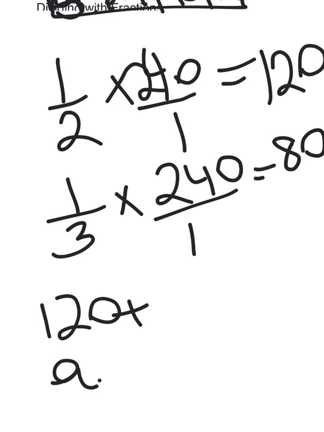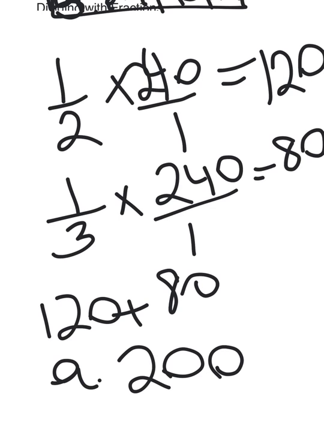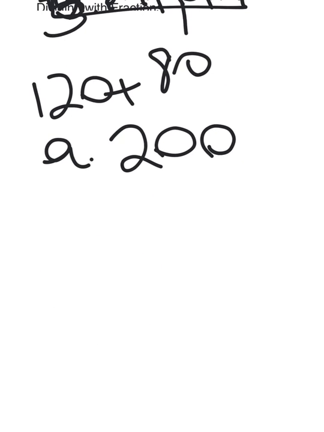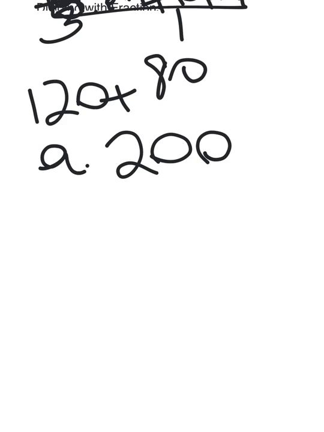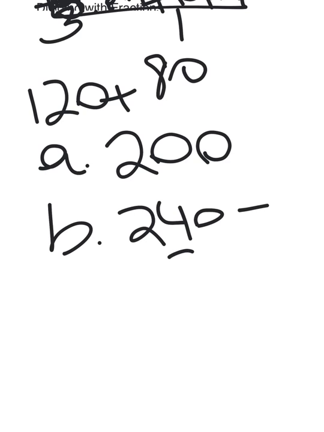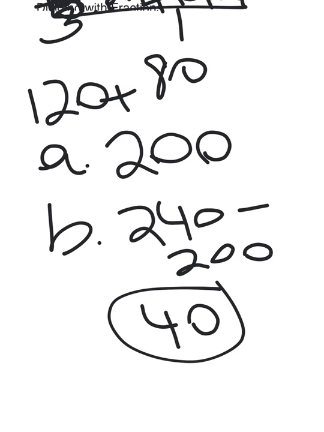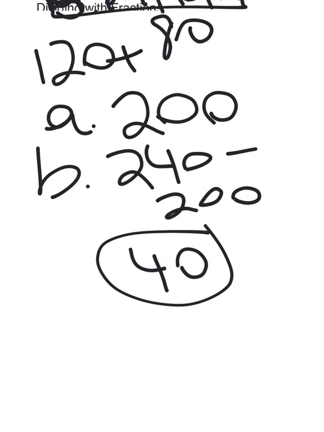You're going to add 120 plus 80, and you'll end up with 200. So the vendor sells 200 pieces of fruit. Part B asks how much was left. If she started off with 240 pieces of fruit and she sold 200, how much is left? 40. Same answer.